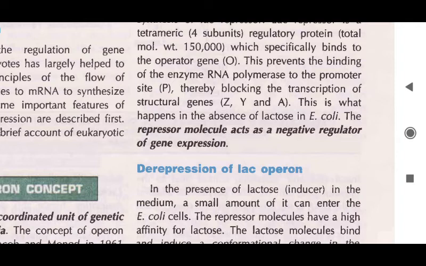So prokaryotic cells have a system to turn off these lactose-related genes, lac operon related genes, by binding of the repressor to the operator.